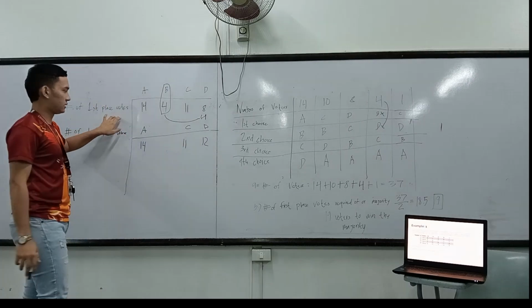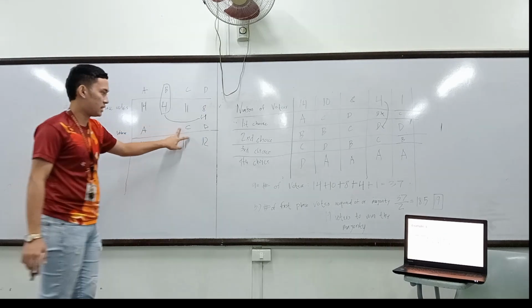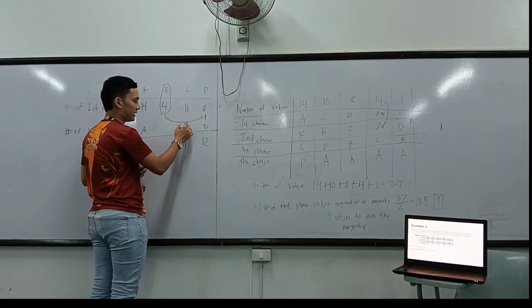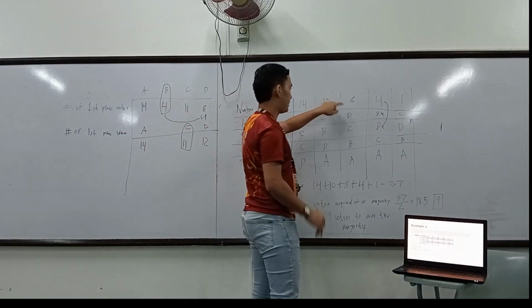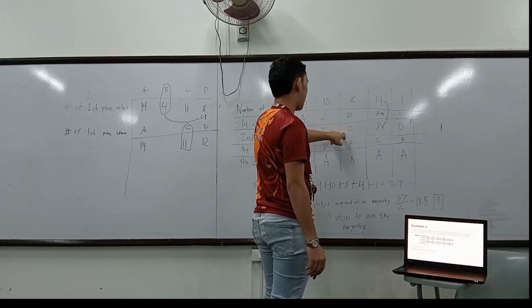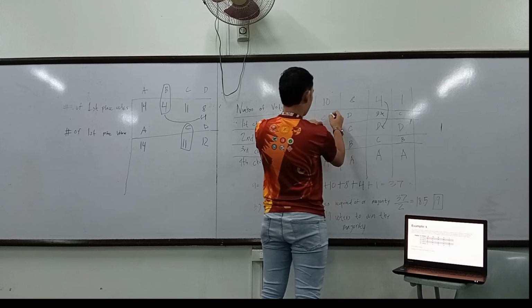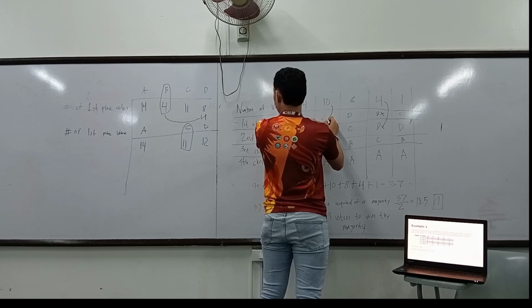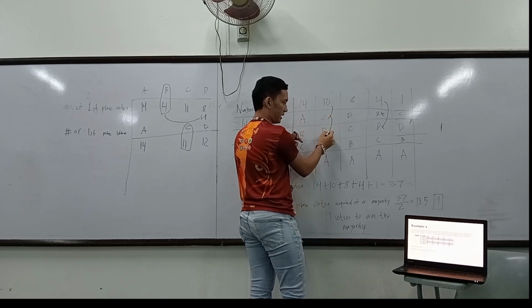So as you can see, in the second choice, candidate C got the lowest votes in this election. So automatically candidate C will be eliminated.